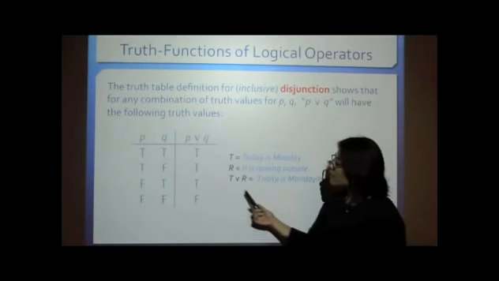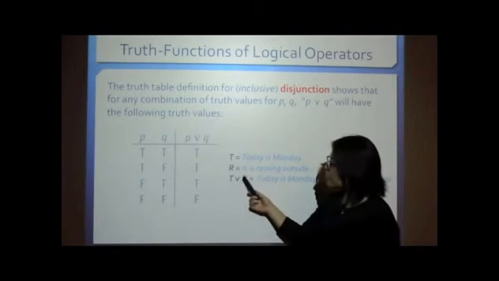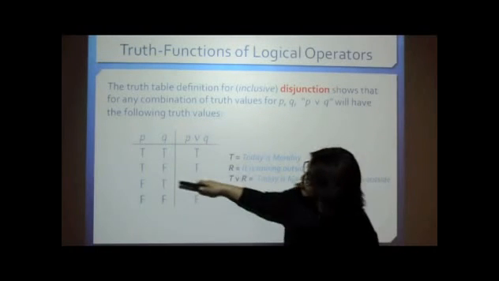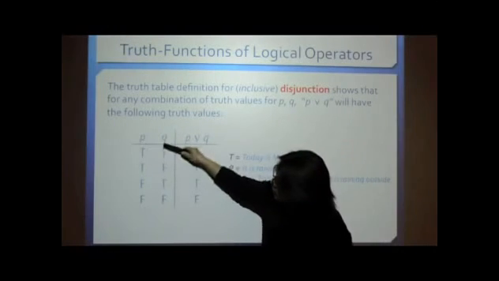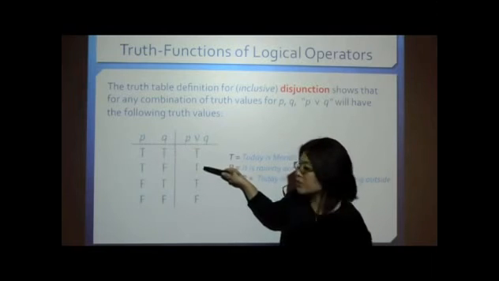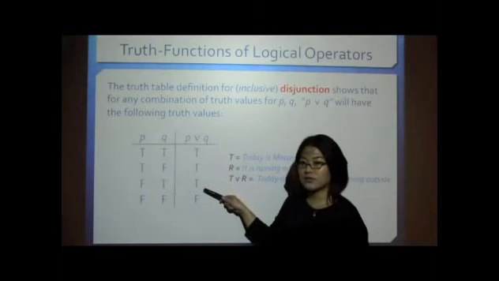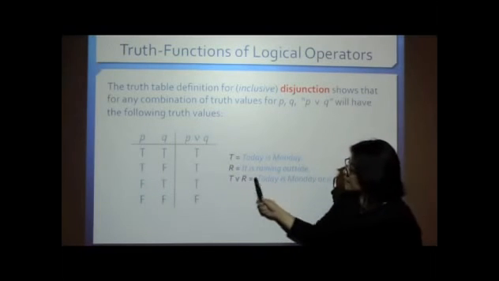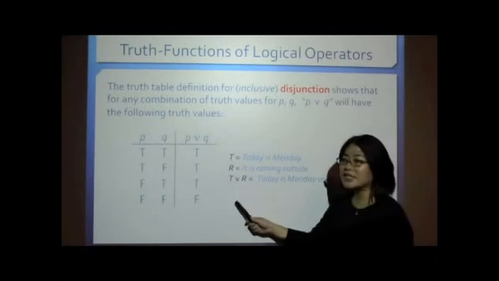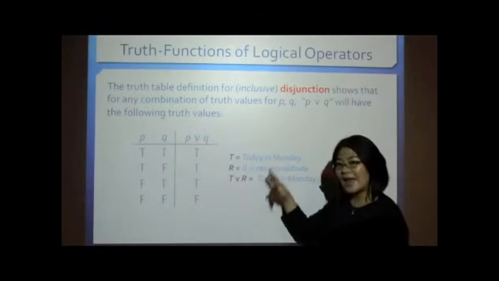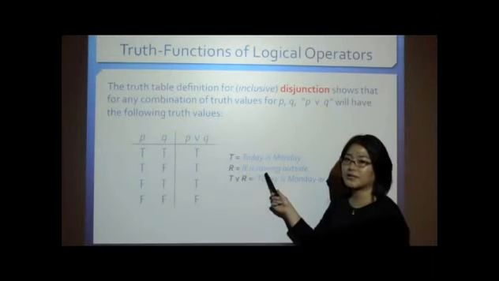However, this will also be true if one of these is true and one of them is false. Notice, if P is true and Q is false, the statement is also true. And if P is false and Q is true, the statement is also true. So the only time this statement will be false is if it's false that today is Monday, and it's false that it's raining outside.